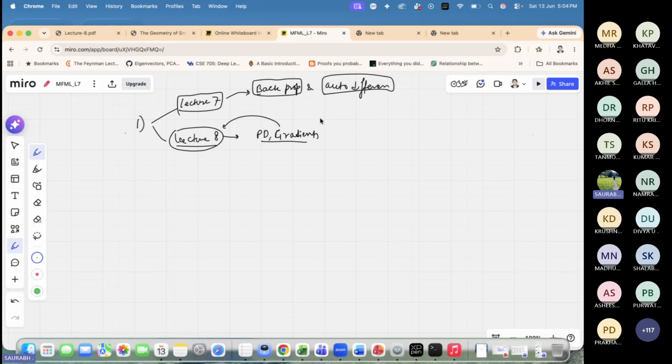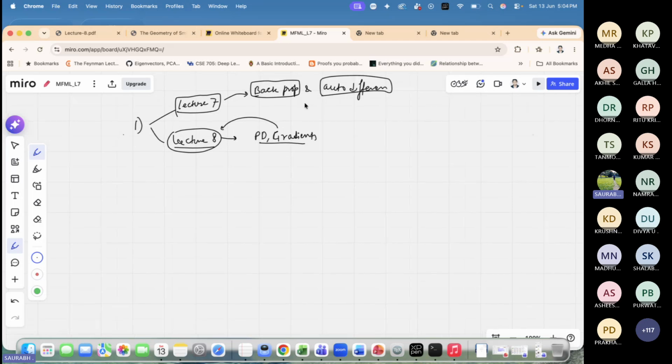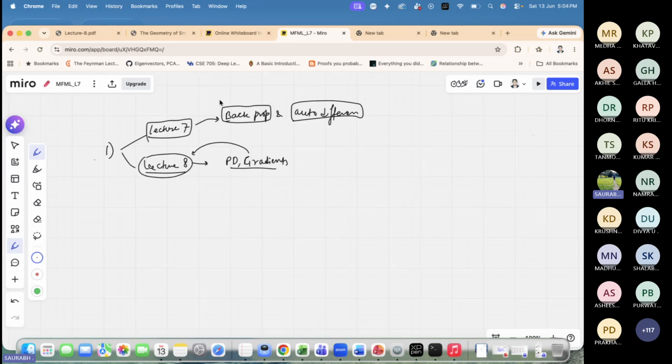But from your exam point of view, I have mostly not seen questions asked from this portion. There are very rare chances that people have framed a question from this topic.